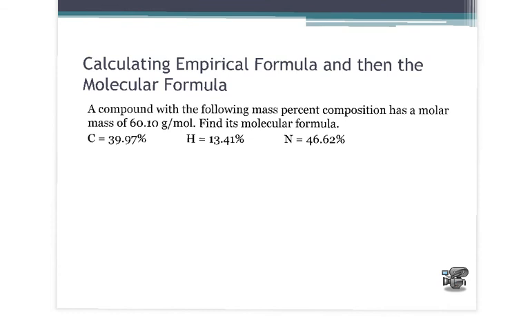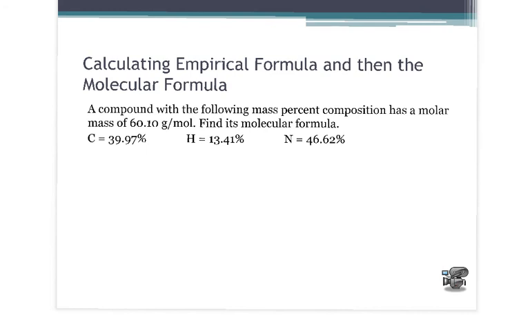Okay, let's say that you weren't given the empirical formula, and so you have to do both, calculate the empirical formula and then the molecular formula. So a compound with the following mass percent composition has a molar mass of 60.10 grams per mole. Find its molecular formula. Okay, so we'll do this like we always have.